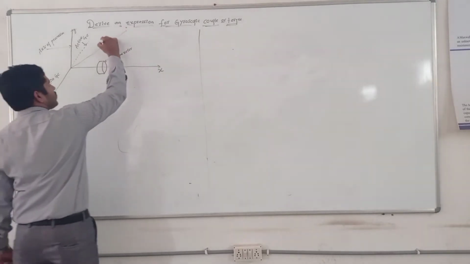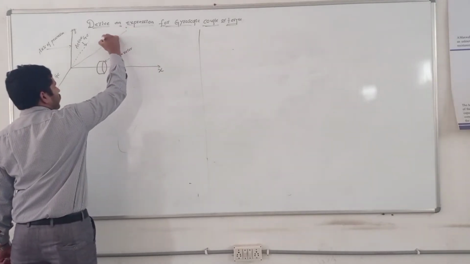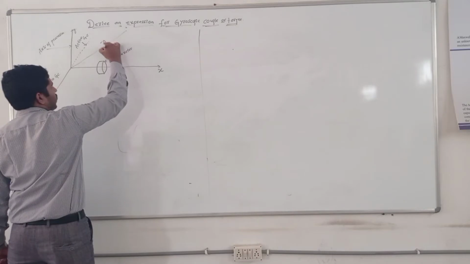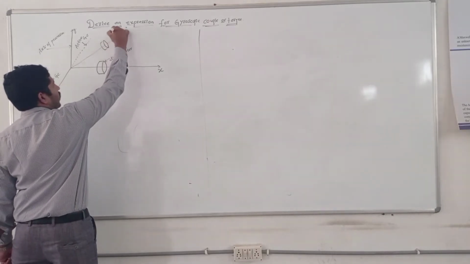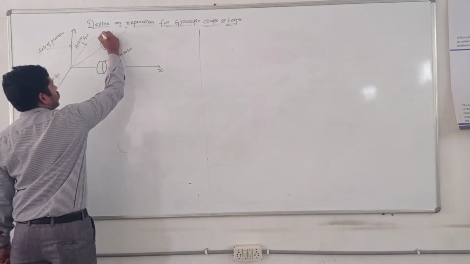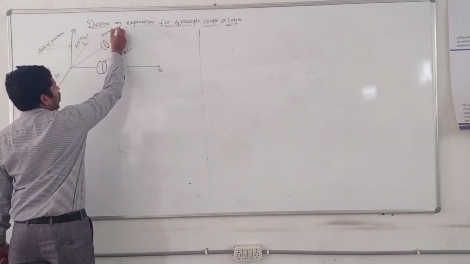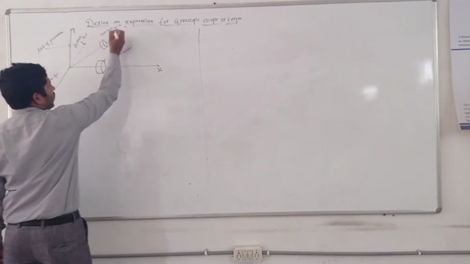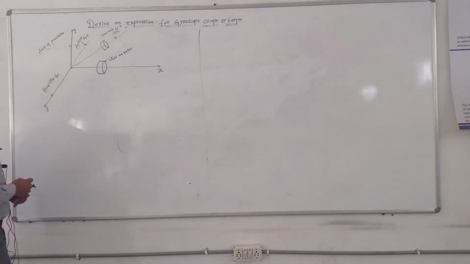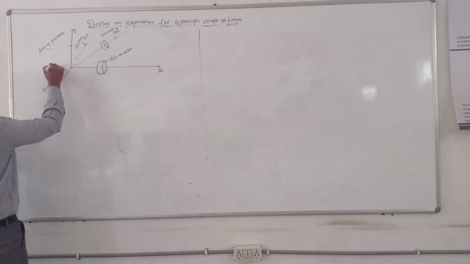This line represents the new axis of spin. Okay, dear, what can we say? New axis of spin.